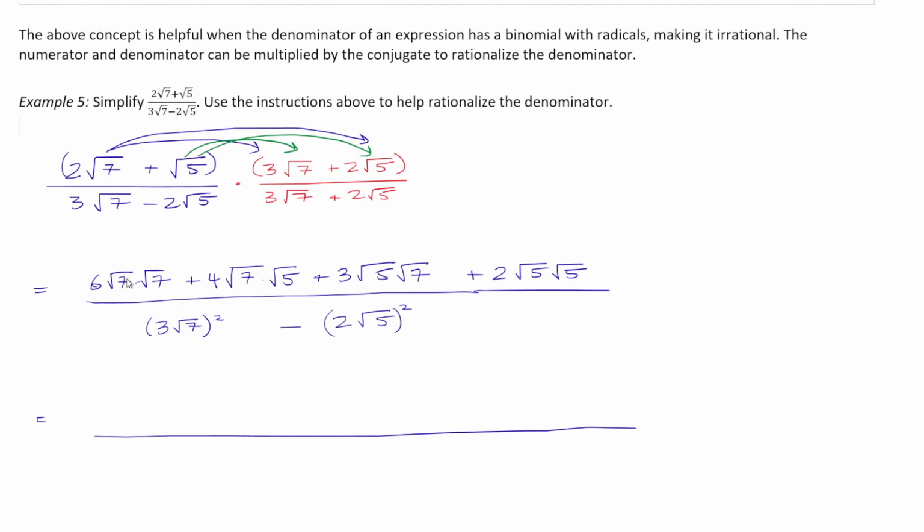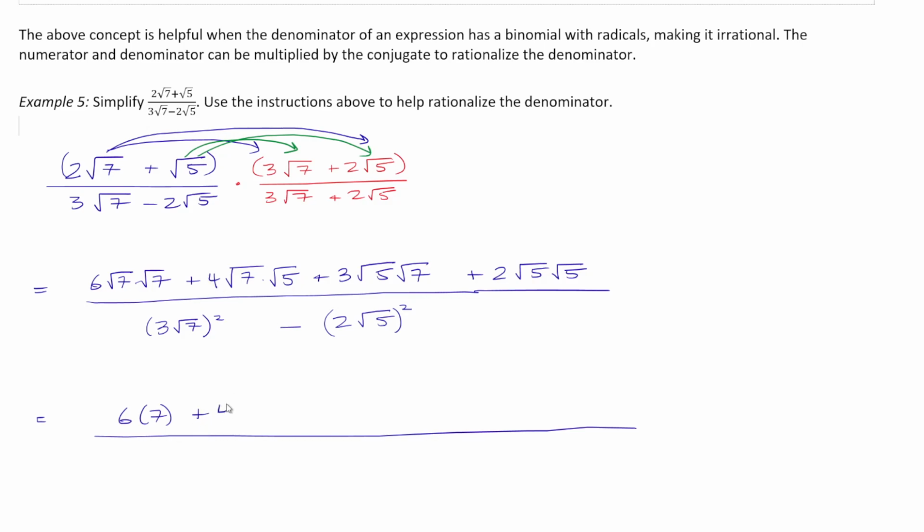Let's start by looking at the numerator here. Well, 6 times √7 times √7, remember that's the same thing as saying √7 squared, which means the square and root would cancel and we would just get 7. Alternatively, √7 times √7 is the same thing as √(7 times 7), or √49, and the square root of 49 is just 7. So this just becomes 6 times 7.